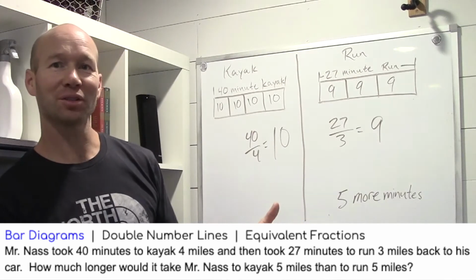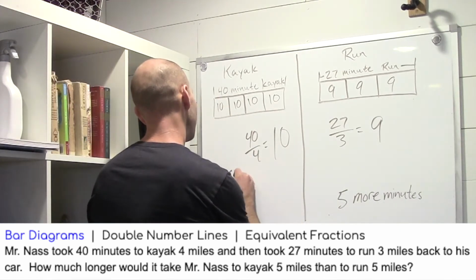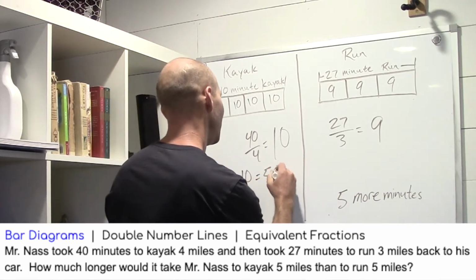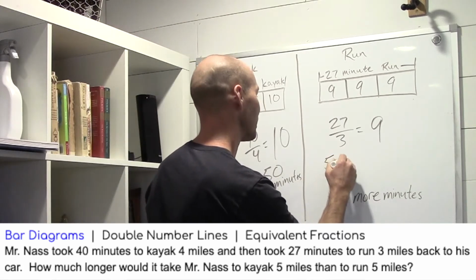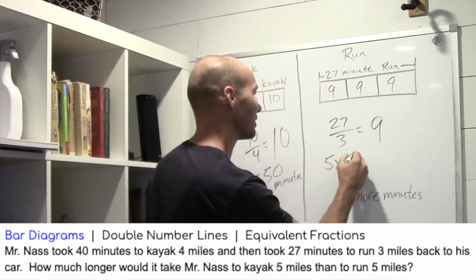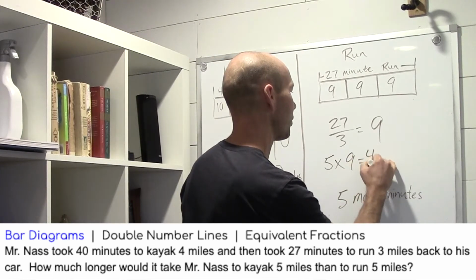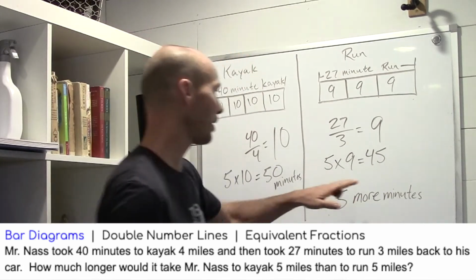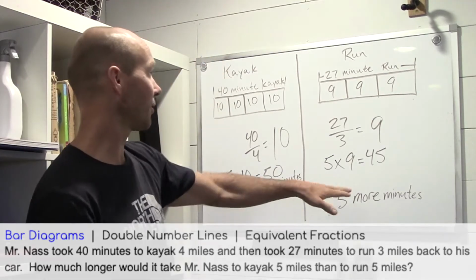But we could also just say that, well, 5 miles times 10 minutes per mile equals 50 minutes. And we could say that 5 miles times 9 minutes per mile equals 45 minutes on the run. So we get 5 more minutes. Either way, whichever way we do that, we get 5 more minutes.